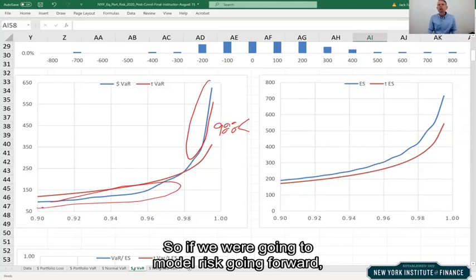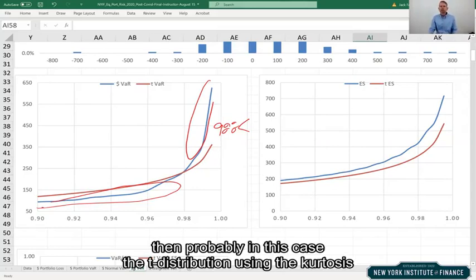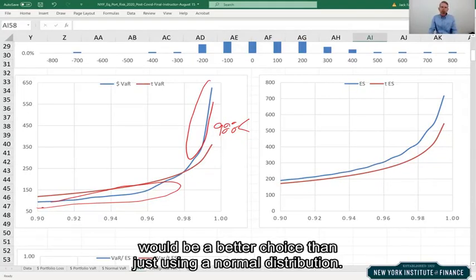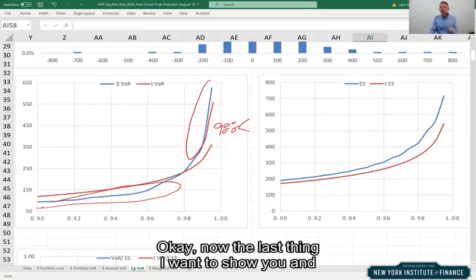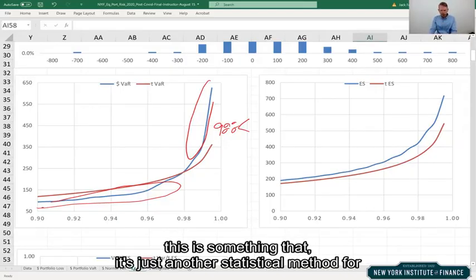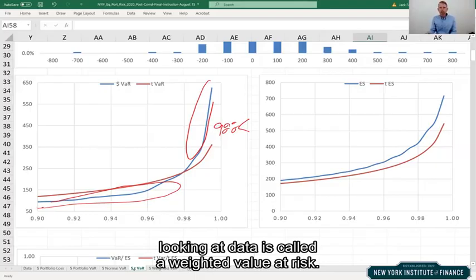So if we were going to model risk going forward, then probably in this case, the t distribution using the kurtosis would be a better choice than just using a normal distribution. Okay. Now, the last thing I want to show you, and this is just another statistical method for looking at data, is called a weighted value at risk.